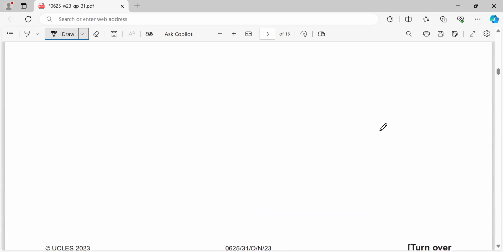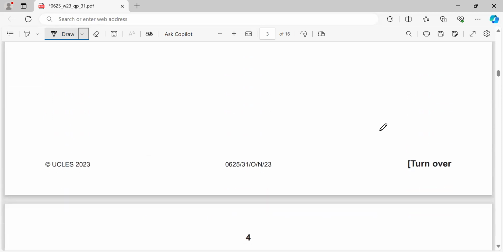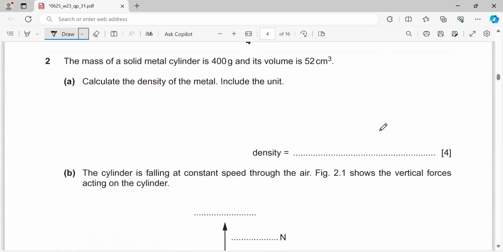Number 2, I'm going to use another color. The mass of a solid metal cylinder is 400 grams and its volume is 52 centimeters cubed. Calculate the density of the metal, include the unit.